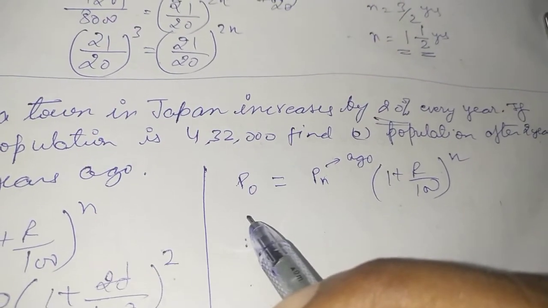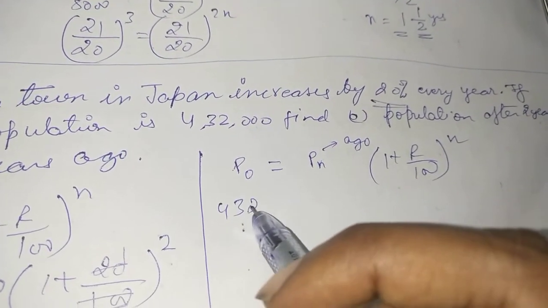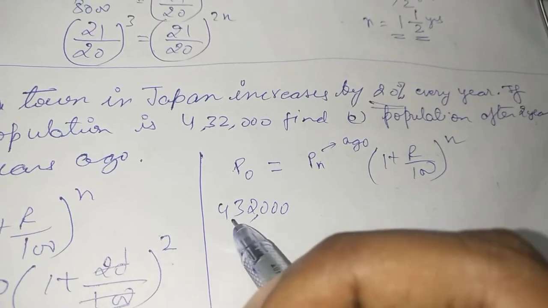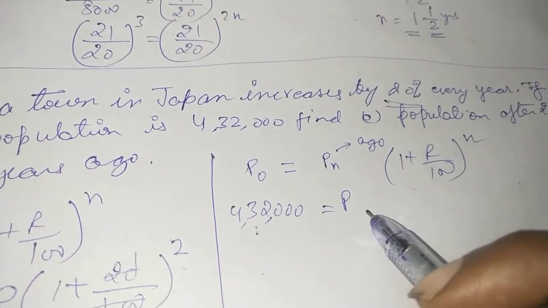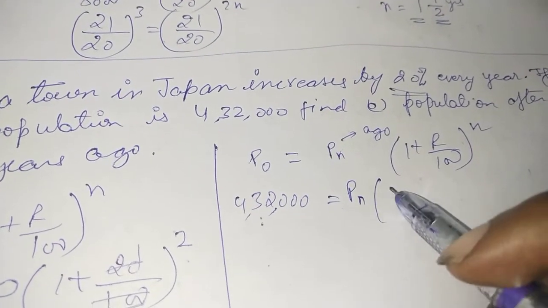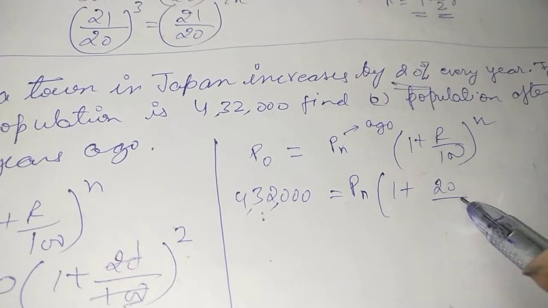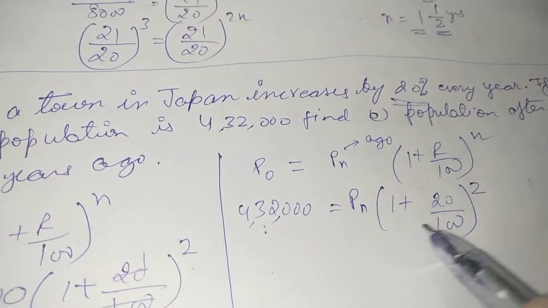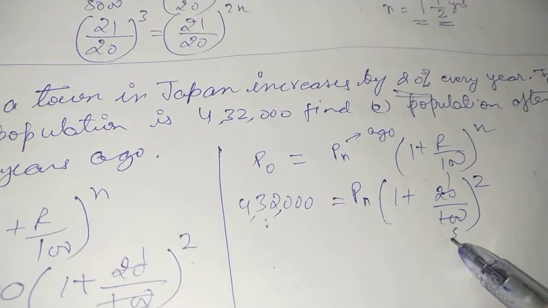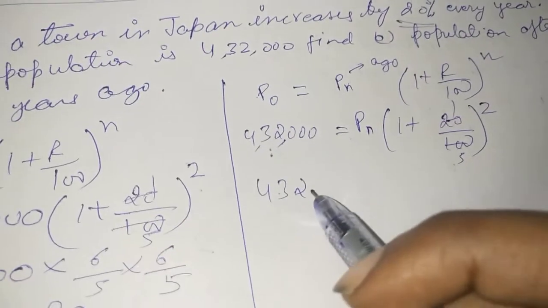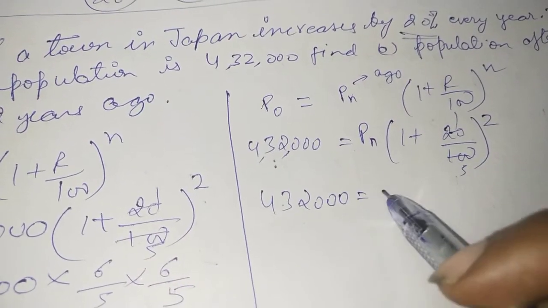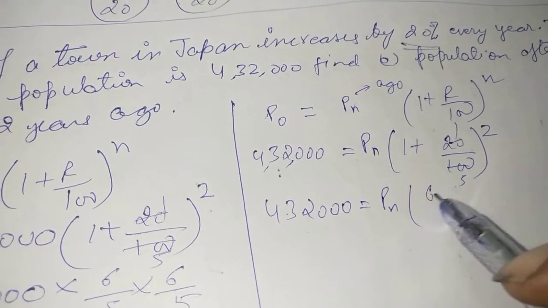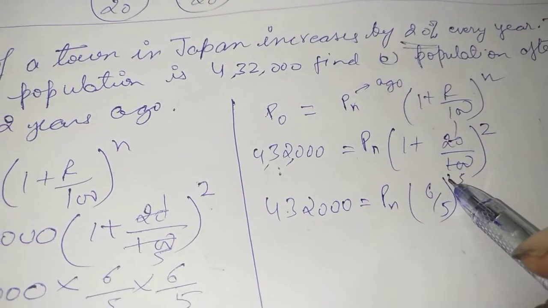Now what is the original population? That is already given, 4,32,000. Population n years ago we do not know, we have to calculate, into 1 plus 20 upon 100 to the power of 2. So 4,32,000 is equal to Pn into 6 upon 5 whole square.